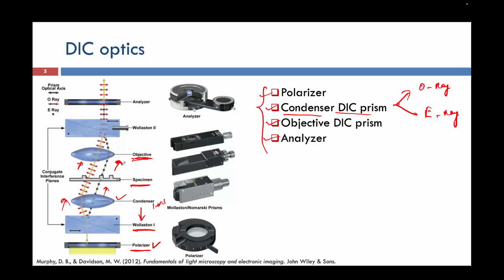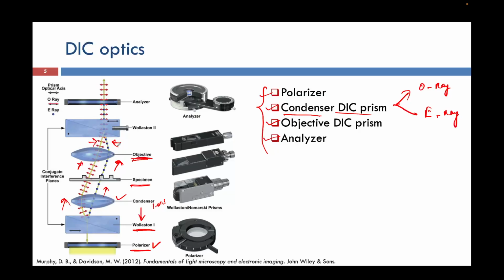But after these two rays pass the objective, we can see that there are still two different sets of rays, the O ray and the E ray. For image formation we need a single ray which will contain all the information about a point or a feature of our object.